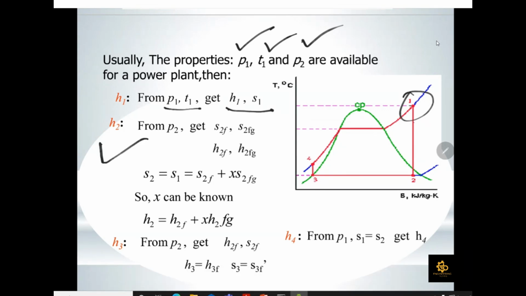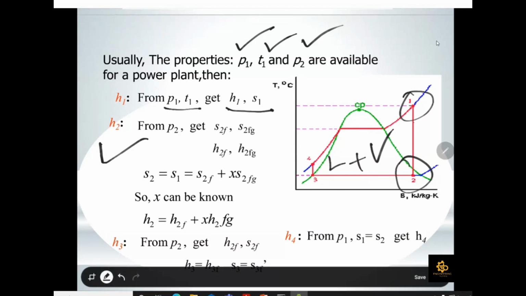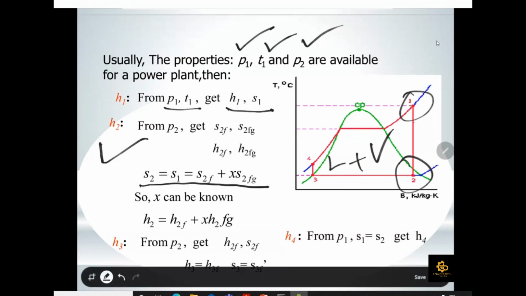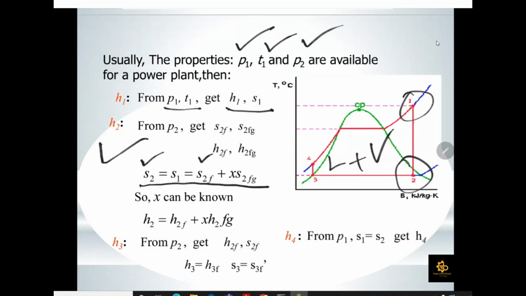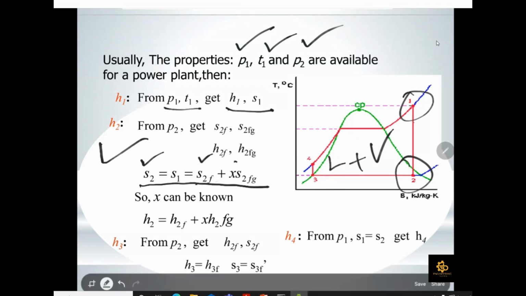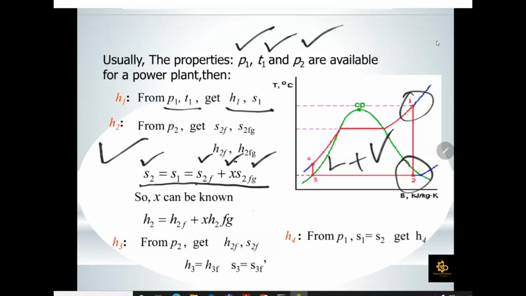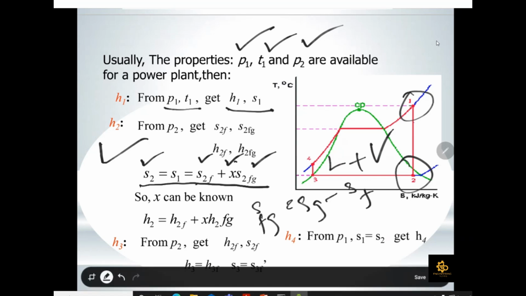For state number 2, it lies in the liquid and vapor region, the two-phase region. All of you know that if your state is in two-phase, you have to find your values using this relation: S2 is equal to S2f plus x into S2fg. S2f is your saturated liquid, x is your quality, and Sfg is defined as Sg minus Sf, which means the entropy at the gaseous state minus the entropy at the liquid state.